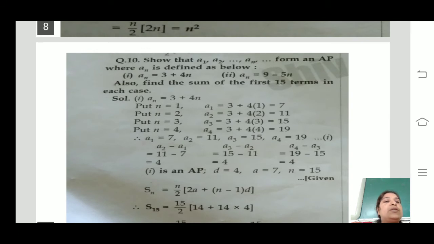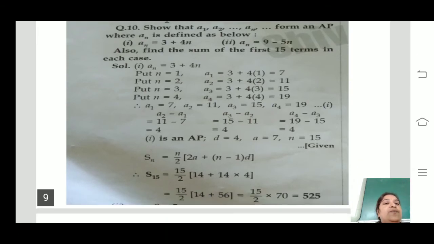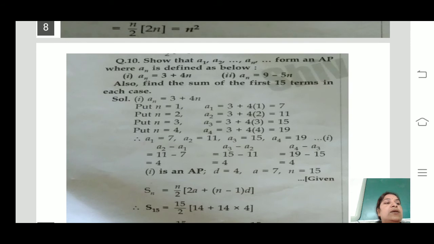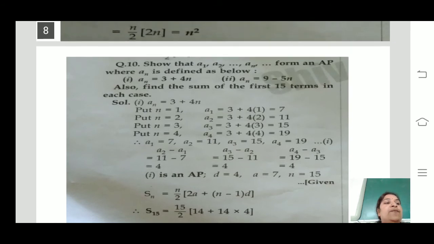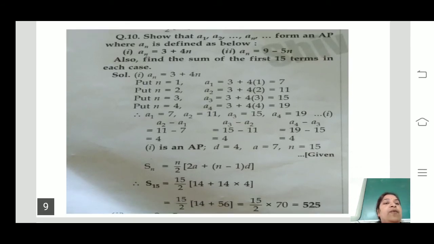Let us check the difference of a2 and a1. 11 minus 7, that is 4. Now let us check a3 minus a2. This is also 4. Let us check a4 minus a3. It is also 4. Hence, all the successive terms have the common difference. Hence, this is an example of an AP.